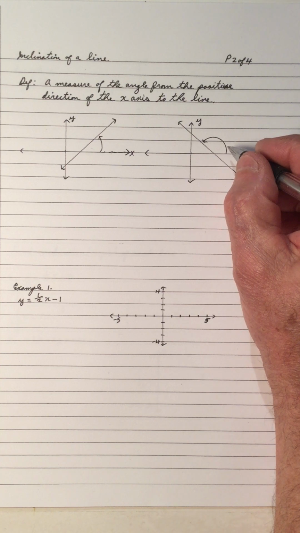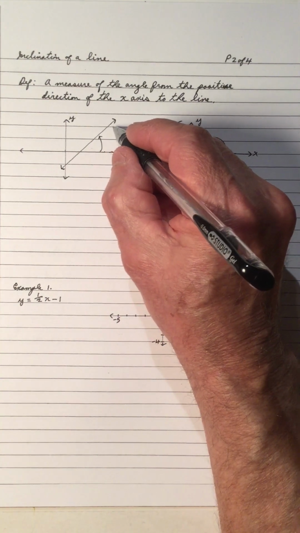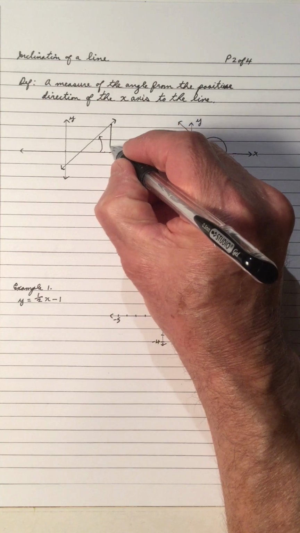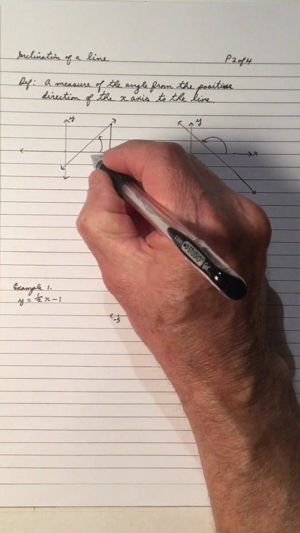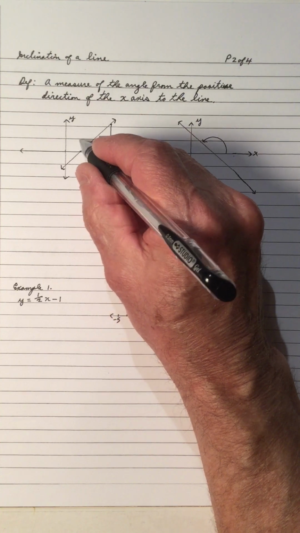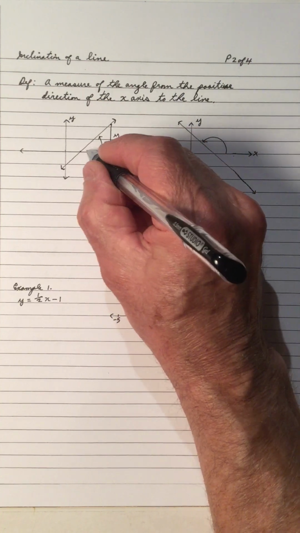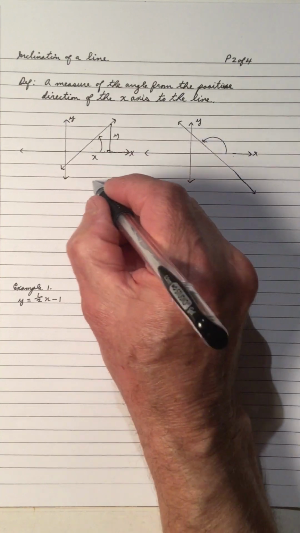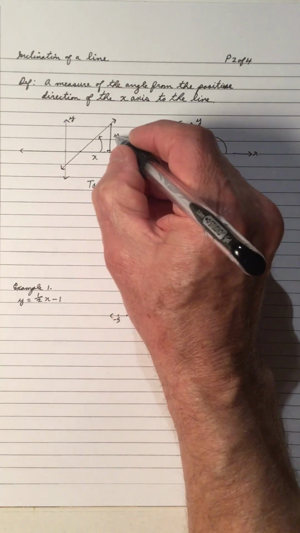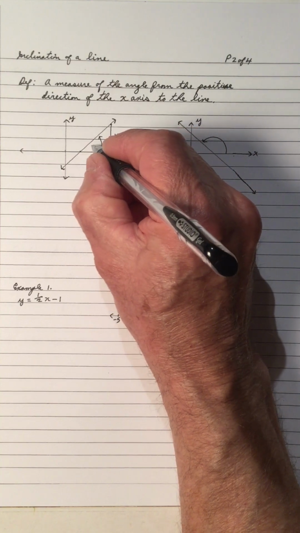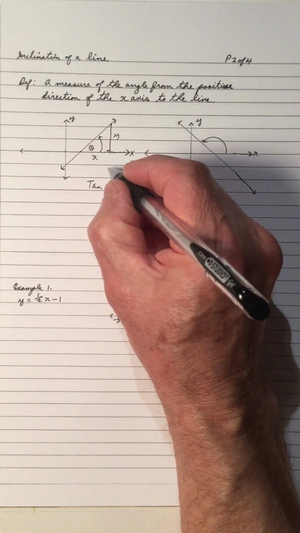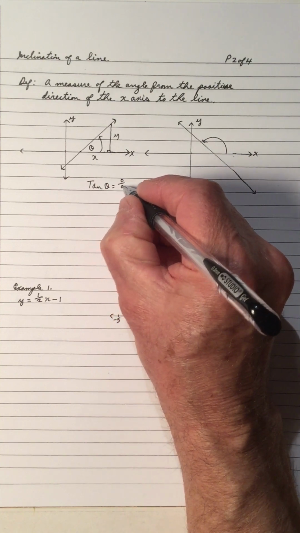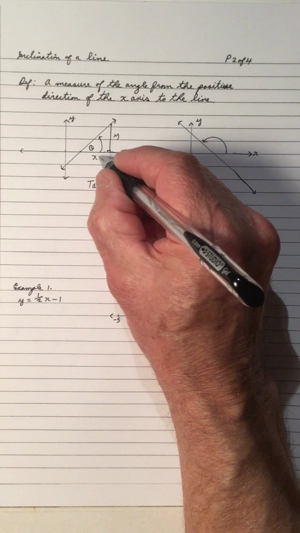To explain that a little bit further, let's draw a perpendicular from the line to the x-axis. If we let the rise be the y and the run be the x, and this is the angle of inclination, which we call theta, then the tan of theta is the opposite over the adjacent, which is y over x.